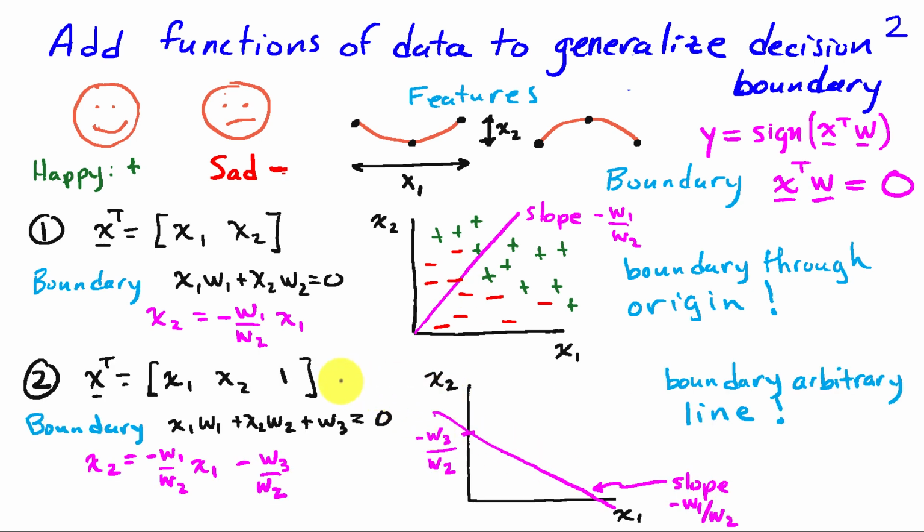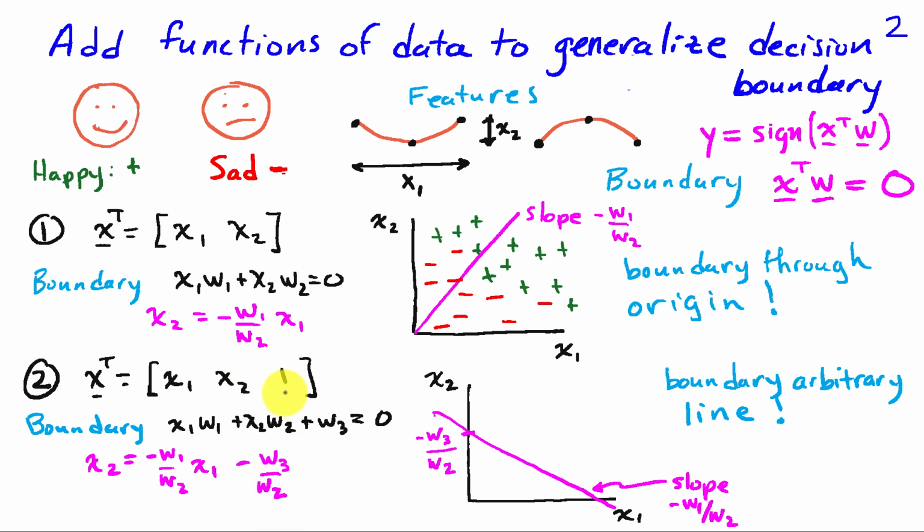Let's suppose we add a constant to the feature vectors. So now we have our measurement x1, our measurement x2, and we'll add 1 here. We can solve for x2 again, as we did above, to write x2 is negative w1 over w2 times x1 minus w3 over w2. So this is the equation for a line with a slope negative w1 over w2 and an intercept negative w3 divided by w2.